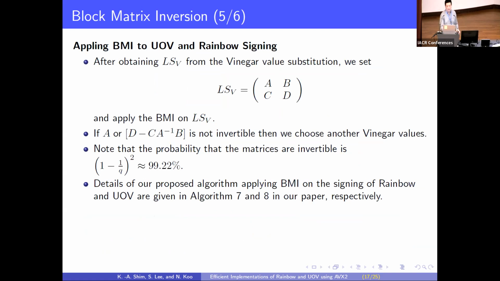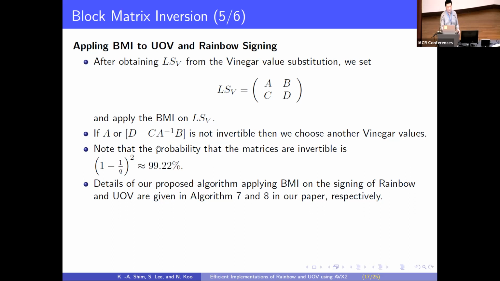If we want to apply BMI to UOV and Rainbow signing, we write LSV, which is the coefficient matrix of the linear system from the vinegar vector substitution, as a blockwise matrix like this and apply the BMI on this blockwise matrix. If A or this matrix is not invertible, then choose other vinegar values and try again.